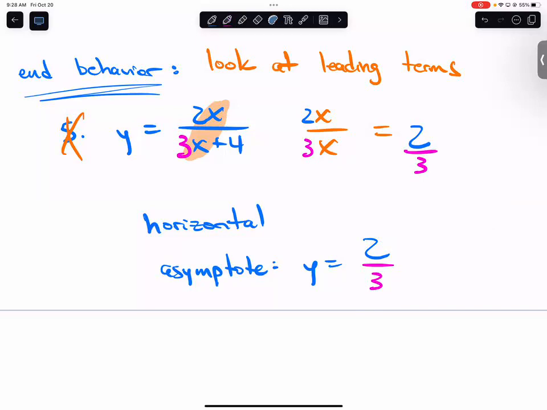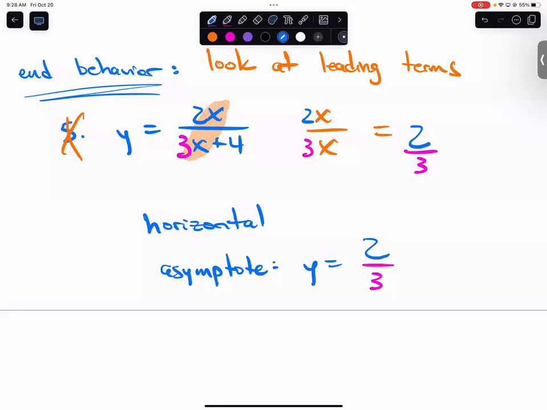You're not really going to be able to just look at it and see that 2/3 is where the horizontal asymptote is, right? To that accuracy, you can tell that there is one. You can see it kind of leveling off, but to actually figure out what it is, that's when we get into the leading term thing. Is that okay? Everybody feel all right about that?